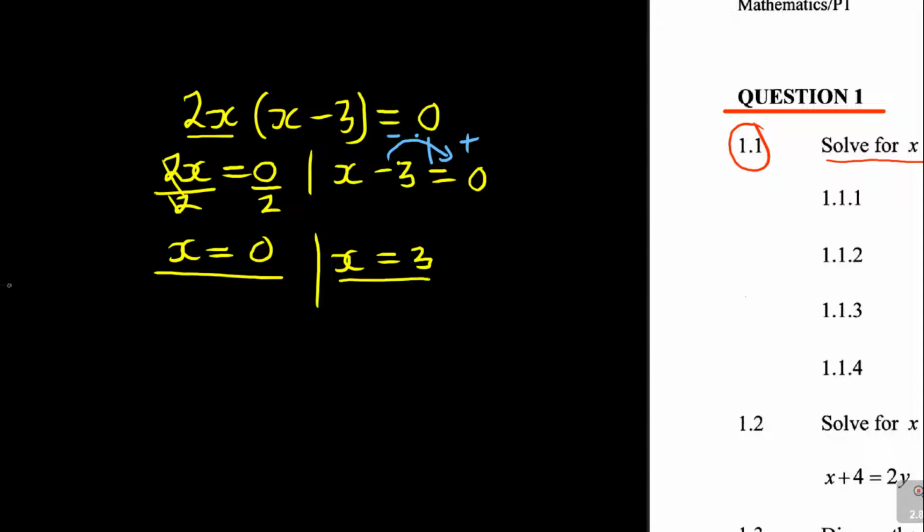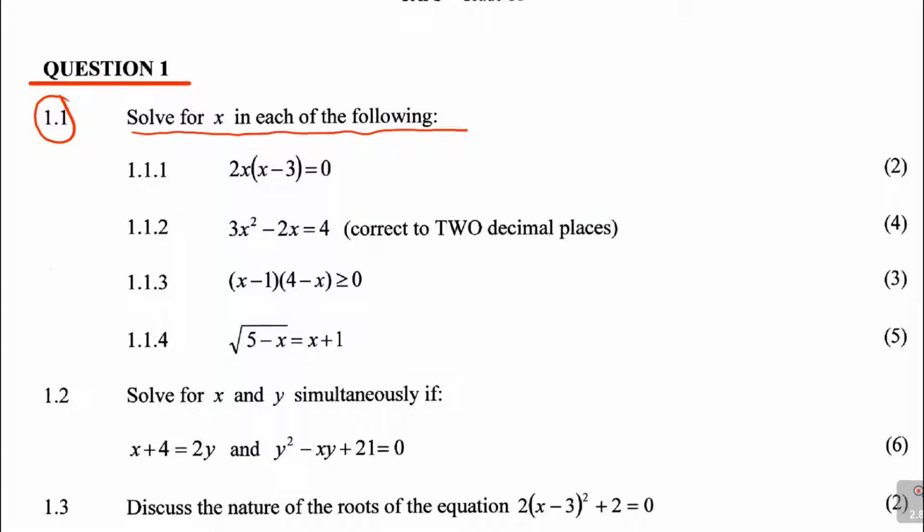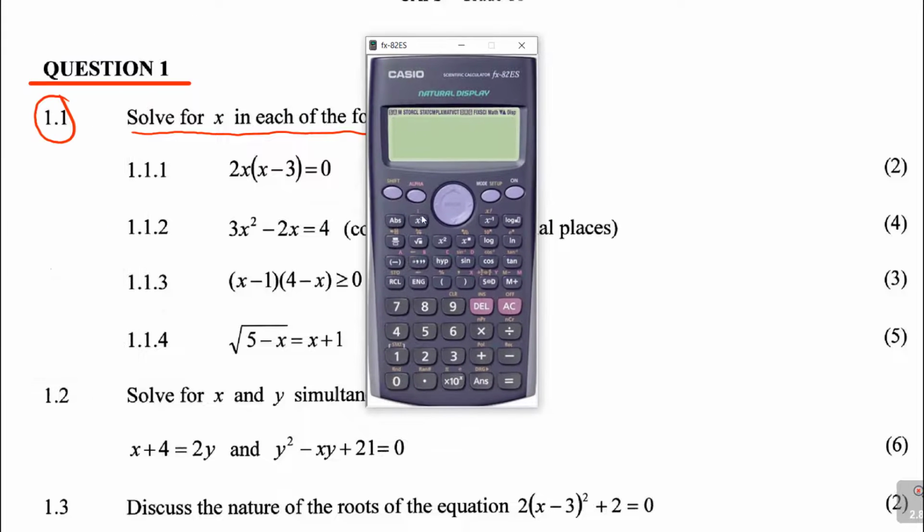Now what do you do? You substitute. You go to the equation here. You've got x is equal to 0. So where there is x, you put a 0 here in brackets, or you put a 3. Actually, when they say solve for x, you can test your answers literally. So let's start with x equal to 0.